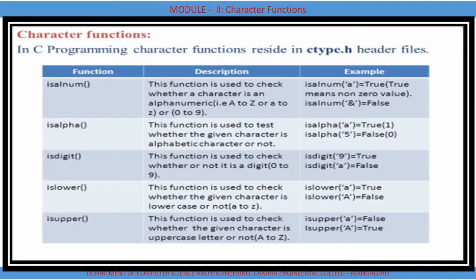Next is the isupper function, which is used to check if the entered character is in uppercase or not. It will return true if the input alphabet is in uppercase. If anything other than an uppercase alphabet is entered as input, then isupper will return false.